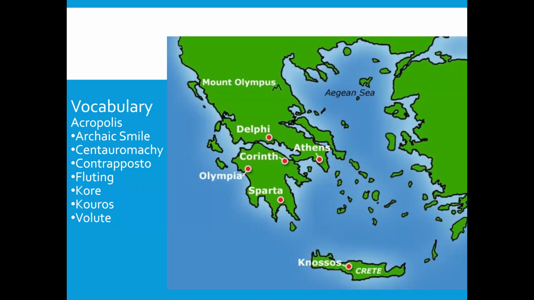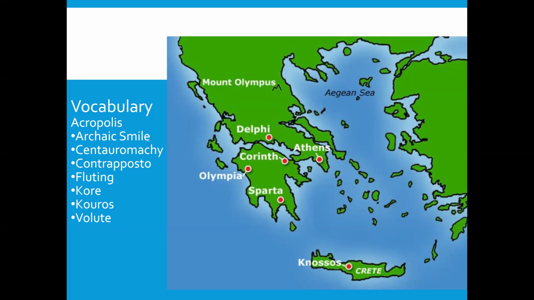On the screen is also a map of Greece as we refer to it today, although at the time these are city-states, just like the city-states that we looked at in Mesopotamia. They're not all together as one country until later on.